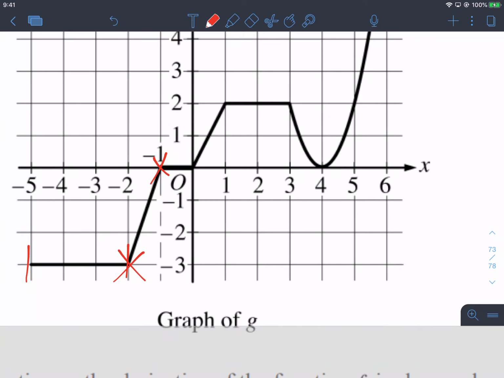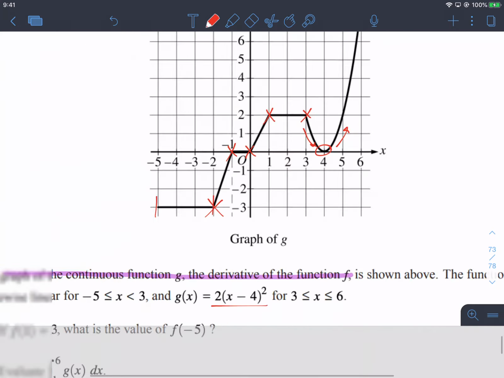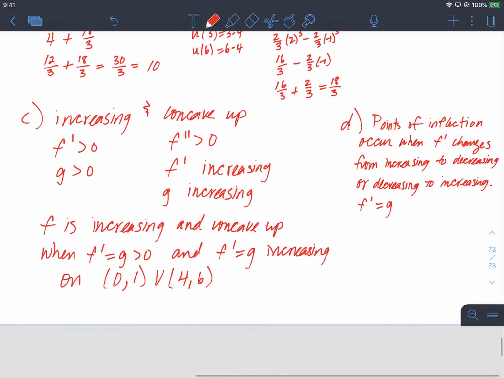At 0, same idea, constant to increasing. 1 would be increasing to constant, so that doesn't work. And then at 3, it's constant to decreasing, but that doesn't work. And then at 4, I change from decreasing to increasing. So that would be my only point of inflection.